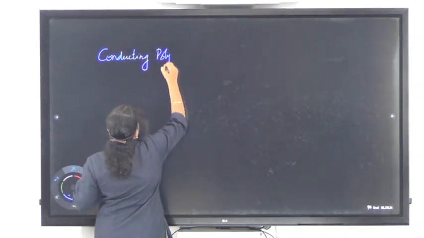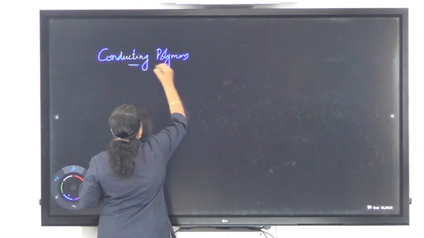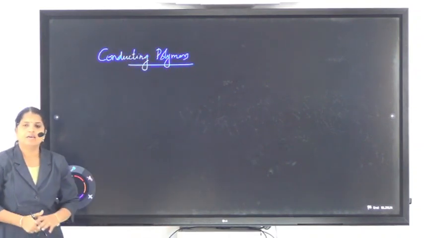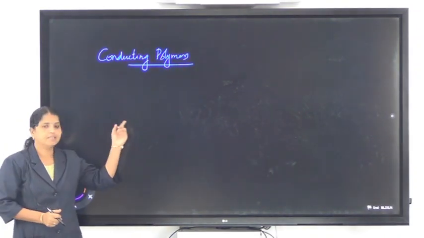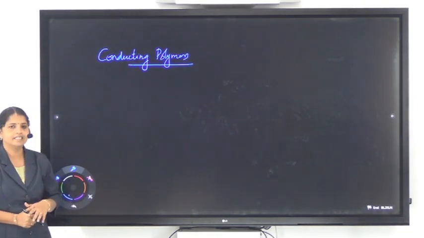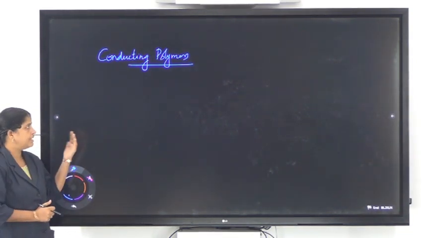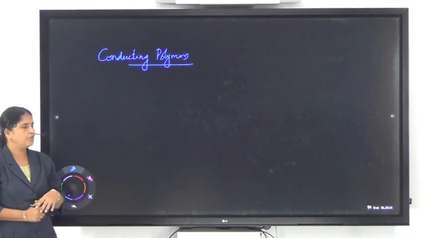So next we can see an important type of polymer, that is conducting polymers. Normally polymers are insulators, but these conducting polymers exhibit conductivity like that of metals, and they are called conducting polymers.